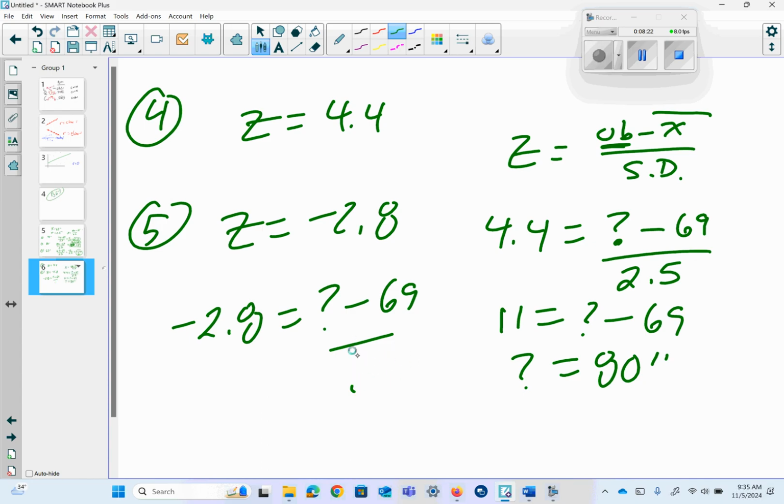I'm making up values as I plug them in. So negative 2.8 times 2.5, that's like a negative 7, right? Question mark minus 69. Add 69 to that. So Prince was a whopping 62 inches tall. He's a shorty. He was a shorty.